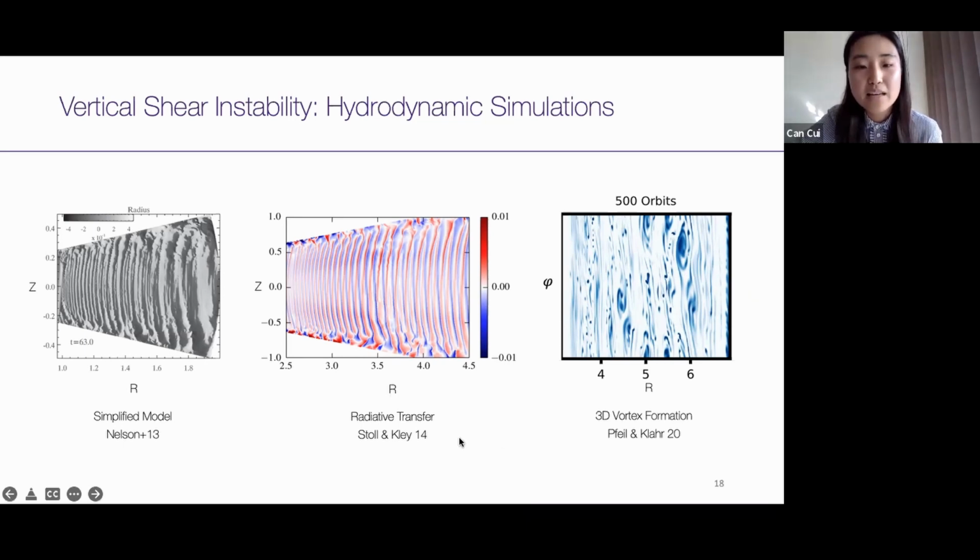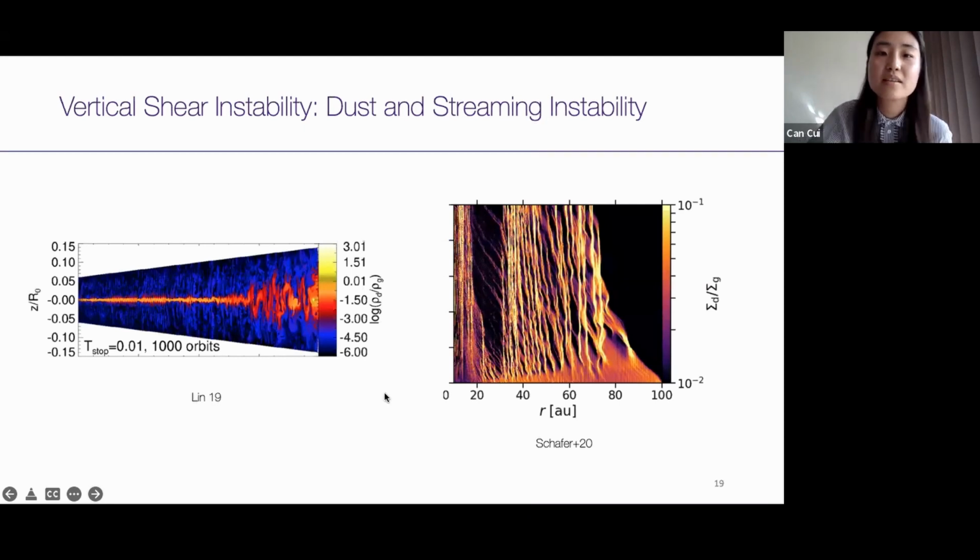Then gradually people added more and more physics to it, such as radiative transfer. People also did 3D hydrodynamic simulations, and they found in the R-phi plane, the azimuthal plane, some small vortices formed in those simulations.